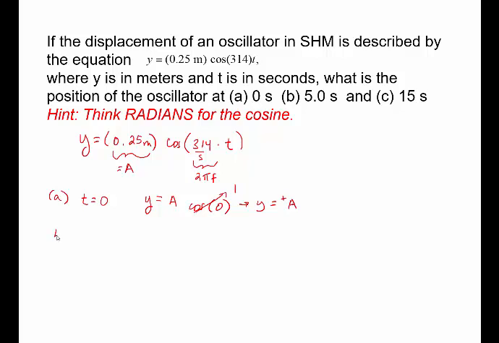At 5 seconds, now we have something a little more complicated. I'm just going to write it: it's A times the cosine of 314 times 5 seconds. I'm just going to have my units cancel. So in here, I have 314 times 5. That's 1570. That's not degrees, that's 1570 radians.